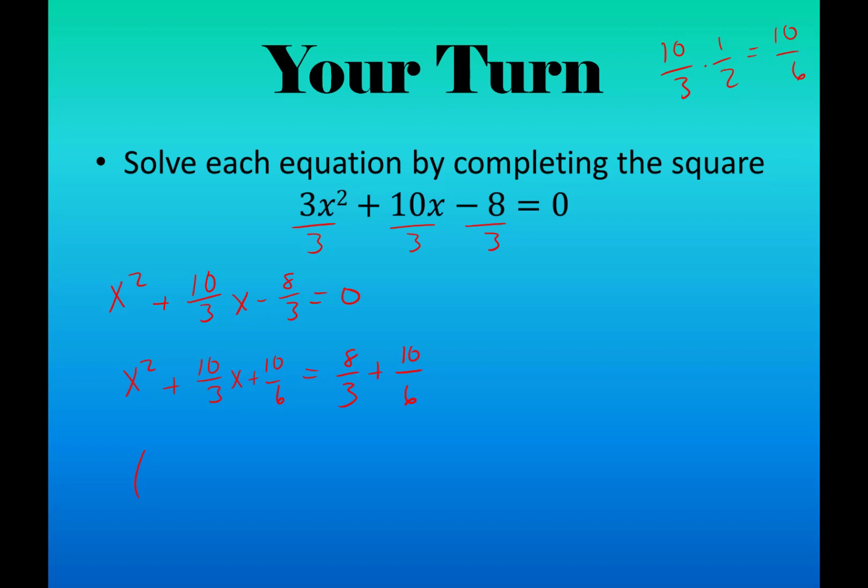So 10 over 6 squared would be 100 over 36. So that means I have to add 100 over 36 to both sides. So this side would become x plus 10 over 6 squared equals, Lord have mercy, I gotta take this times 12 and this times 12.